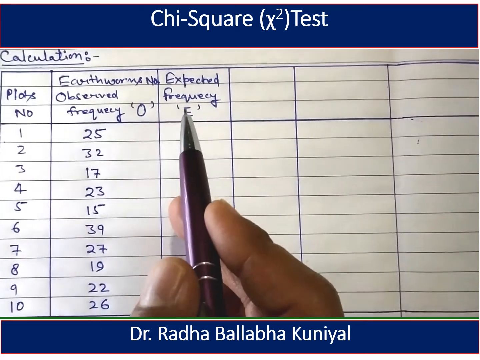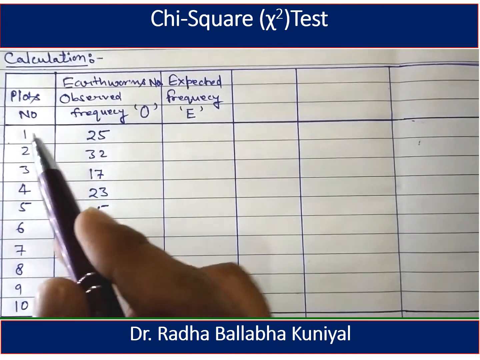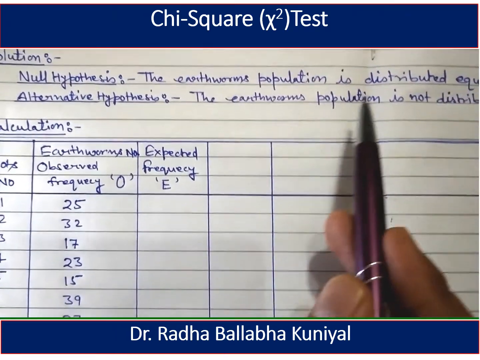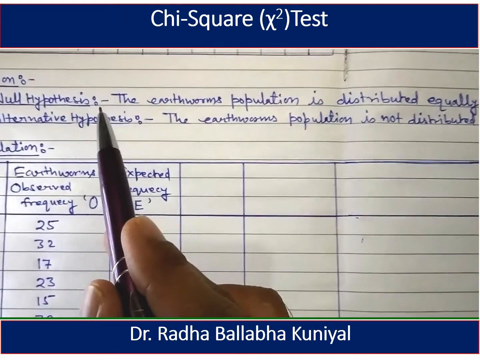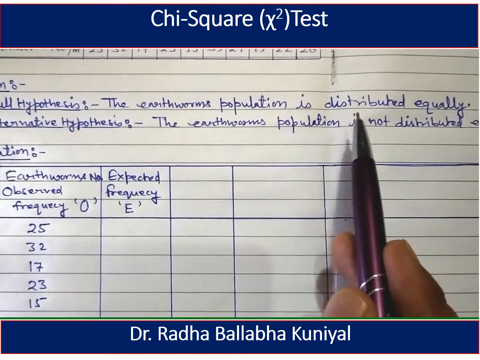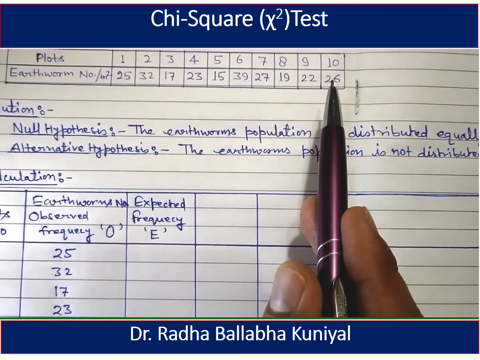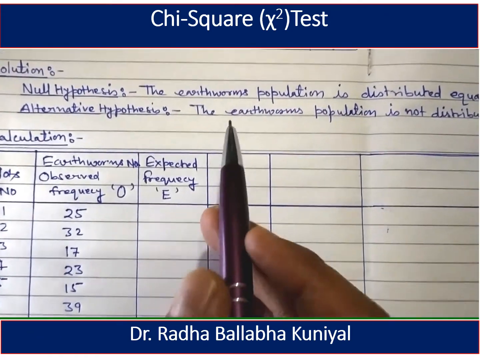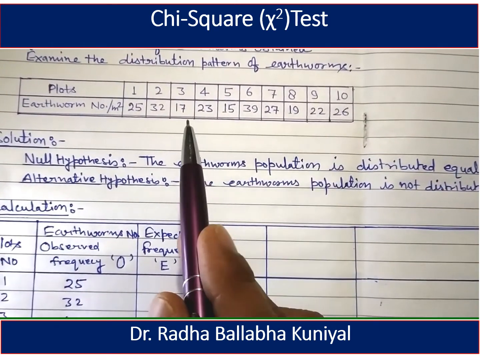Now we will determine the expected frequency E for each plot based on the assumption of null hypothesis. Now here, as per the null hypothesis, the earthworm population is distributed equally in all sampled plots. Thus, here the expected number of earthworms in each plot will be the mean number.